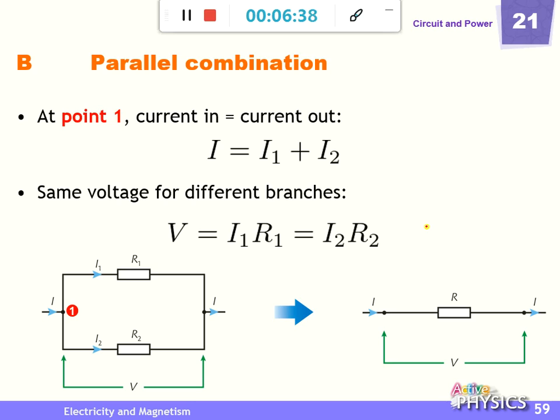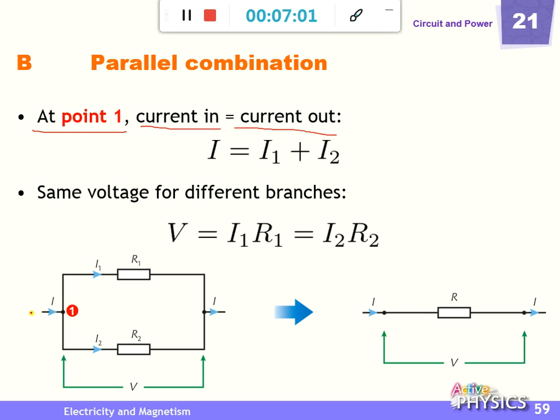On the other hand, we have a parallel circuit. Once again, what is a parallel circuit? They will have the same potential difference across different branches. Look at it. At junction point A, current in should be equal to current out.